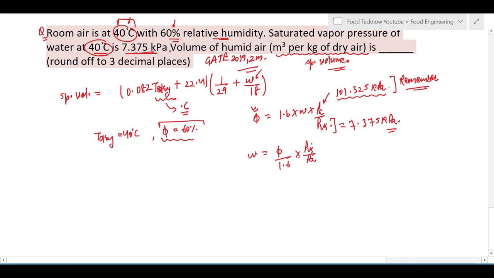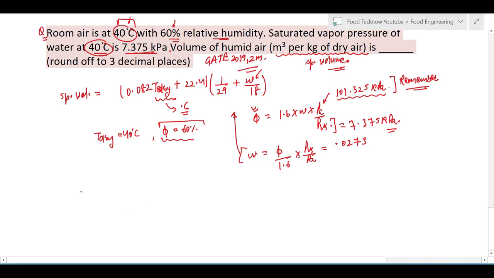Okay, so its value will come out to be 0.0273. So the value of W is equal to this, and we will substitute this value into the given formula.